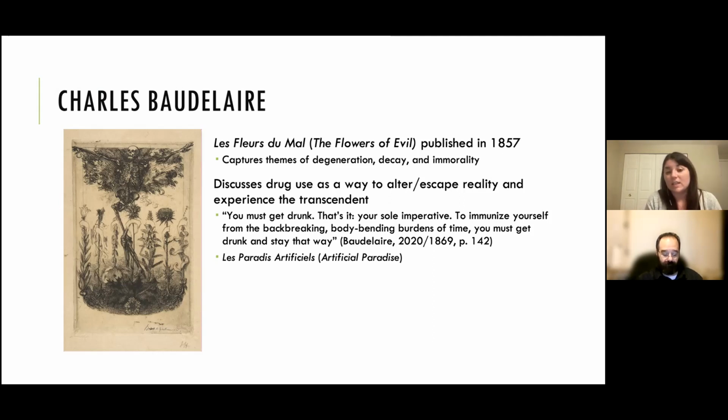We can see this in his poem, Get Drunk, that I have on the PowerPoint slide here. He talks about it as getting away from the backbreaking, body-bending burdens of time, as a way to escape the mundane. And he also writes about drug use in his book, Artificial Paradise, where he talks about using a lot of different substances like alcohol, stimulants, opium, as a way to experience the supernatural or transcendent.